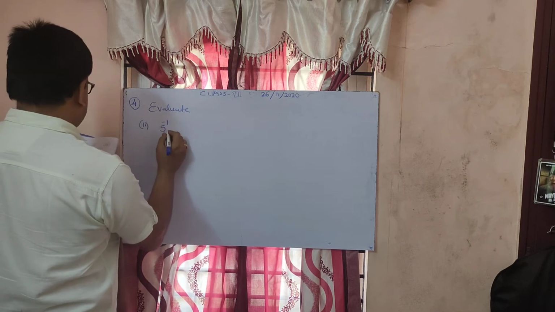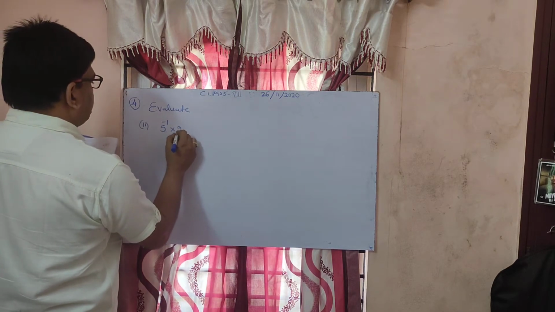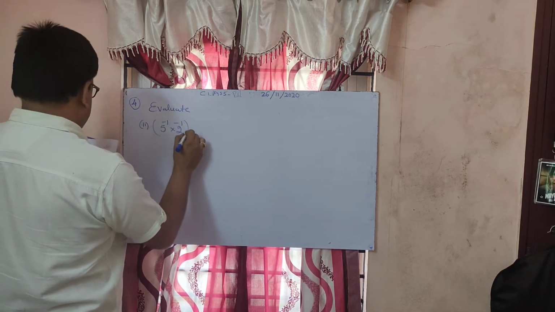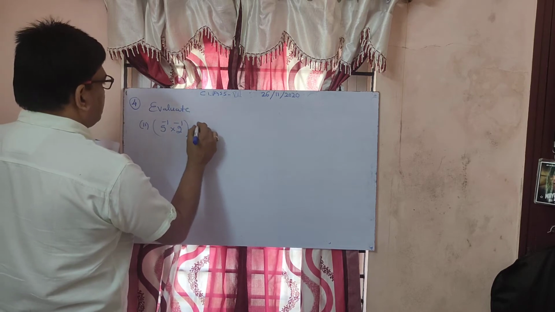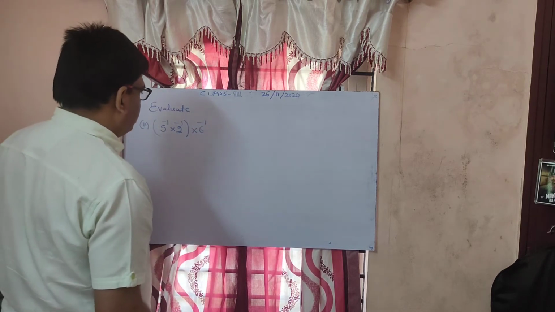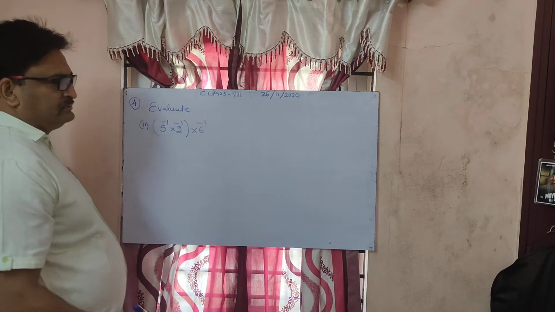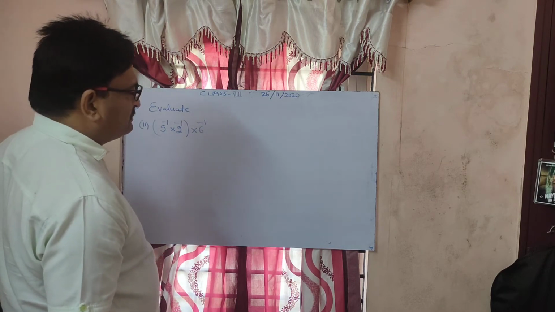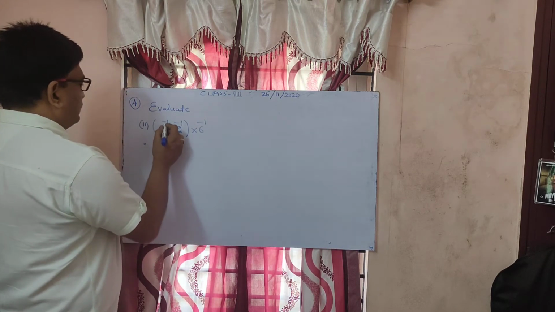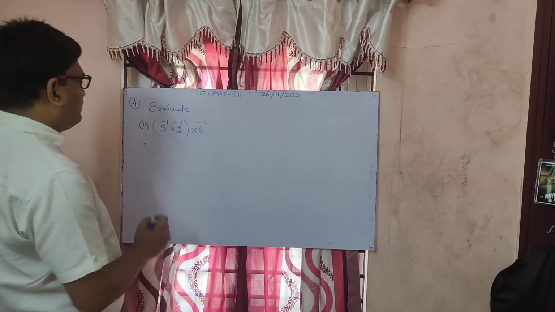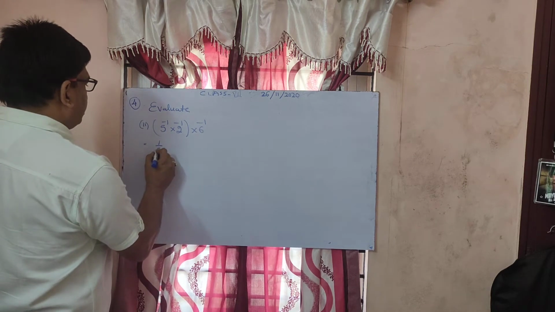Five to the power minus 1 into 2 to the power minus 1 into 6 to the power minus 1. So as I told you, to remove the negative sign, what you have to do? You have to reciprocate it.